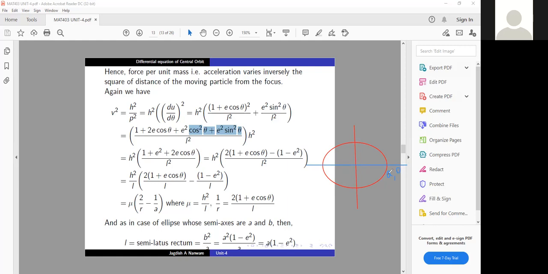I will not put brackets here. Coordinates of this point are minus a comma 0, and this is 0 comma b, and this is 0 comma minus b. So this is the x-axis, but we are taking only this much part, and that is why it is called the semi-axis.